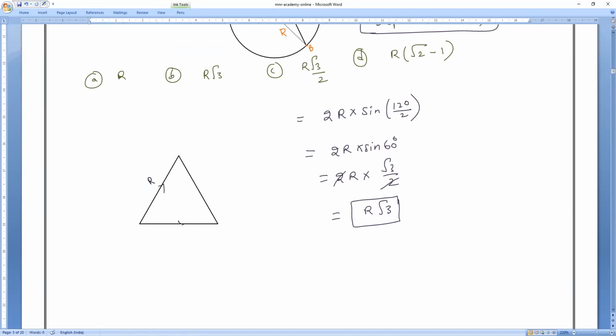This is R and this is also R. Then we want to find the displacement from here to here. Remember, displacement S equals AB equals, what is the formula, everybody? 2R sine theta by 2. That is the formula.